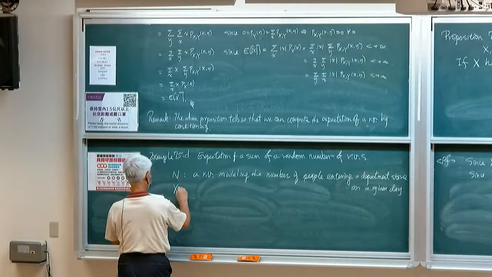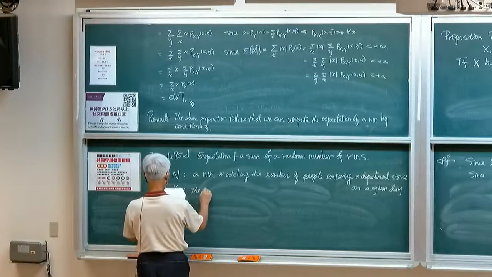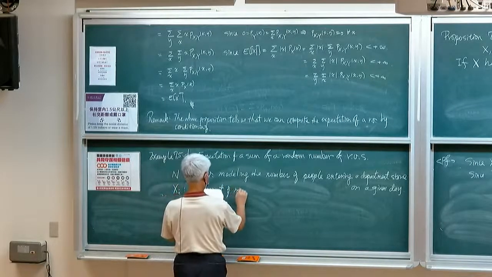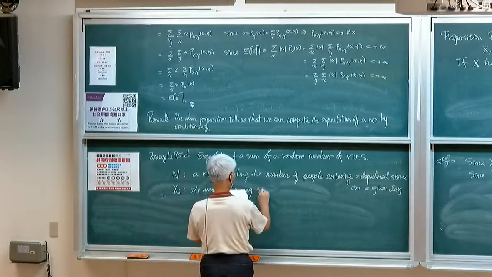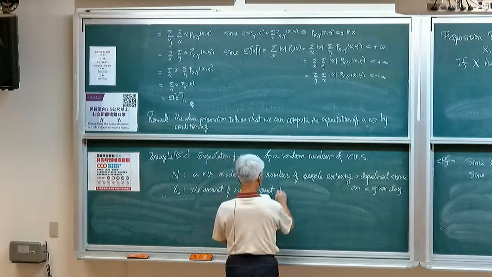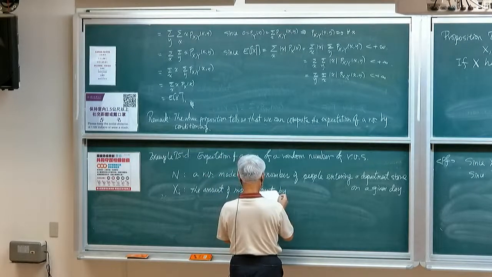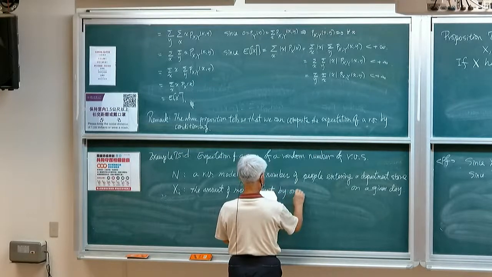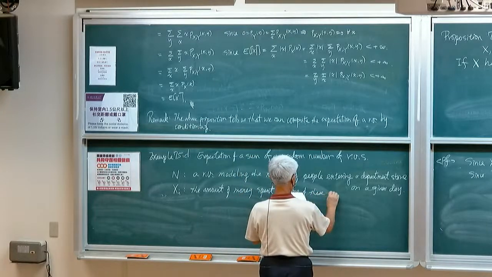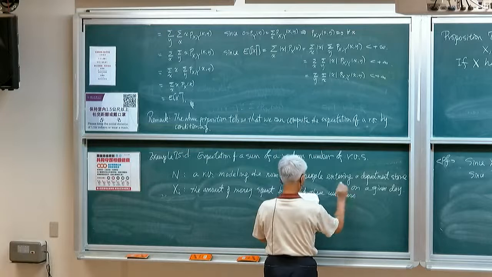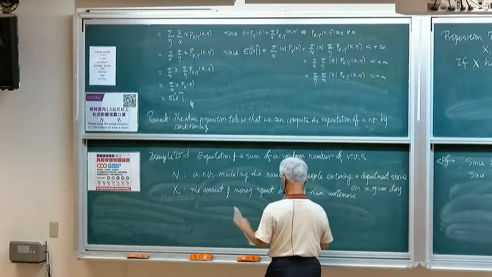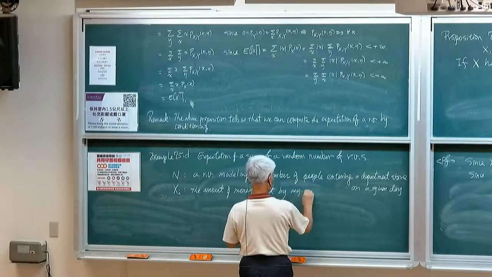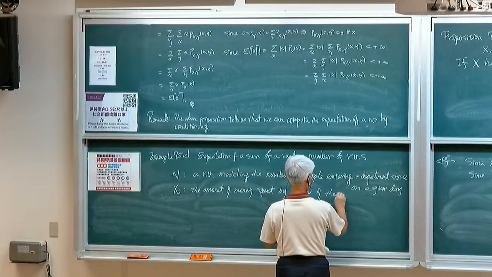And the X sub i is the amount of money spent by one of these customers, by anyone of these customers.